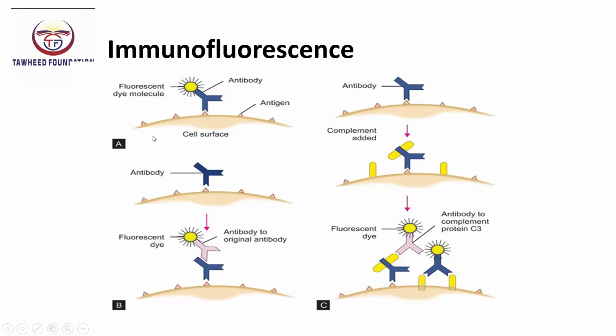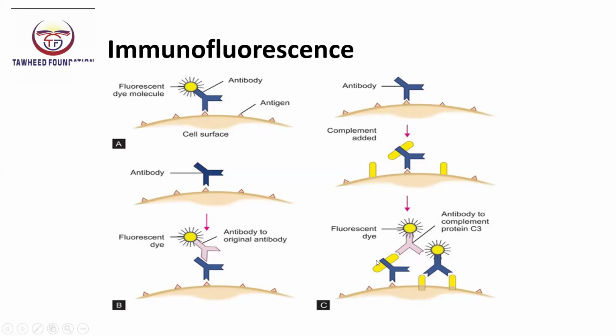In part A, the fluorescent tagged antibody binds directly to the antigen and glows under UV light. One step, it is a simple and direct method. In part B, the primary antibody binds the antigen, and the secondary fluorescent labeled antibody binds the primary antibody. Brighter signal, this is indirect immunofluorescence.